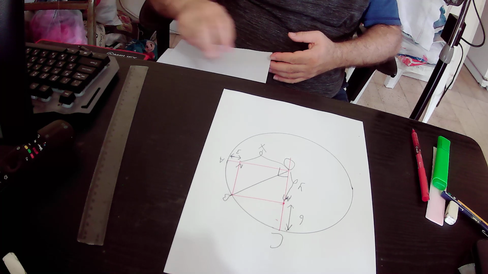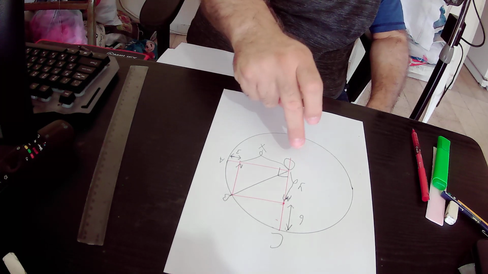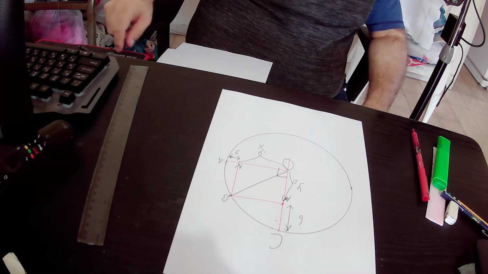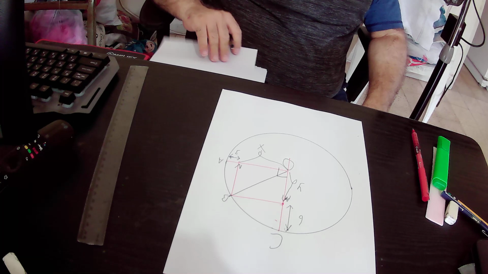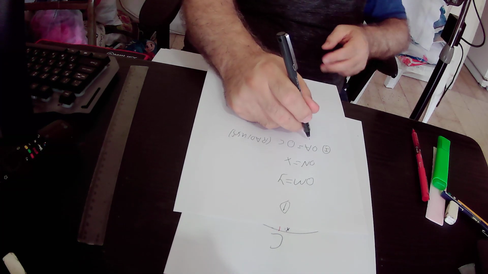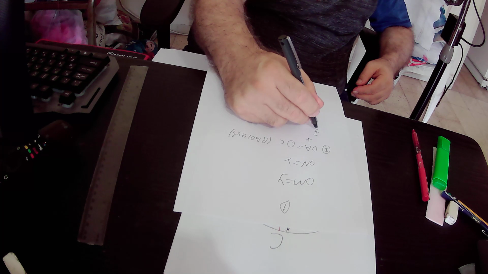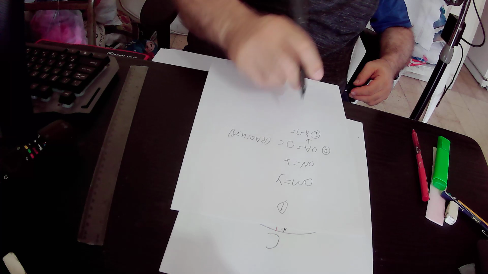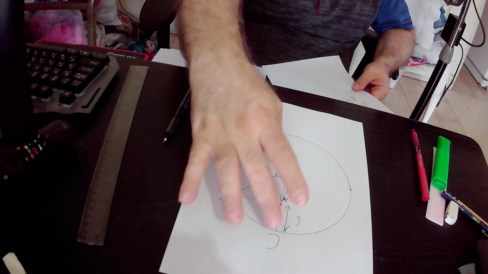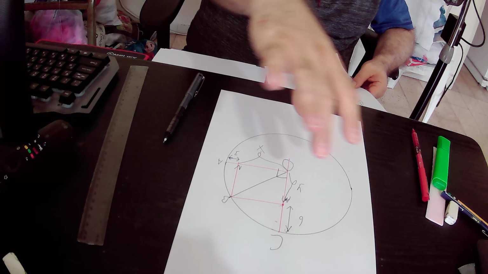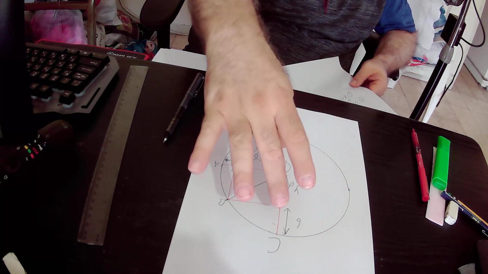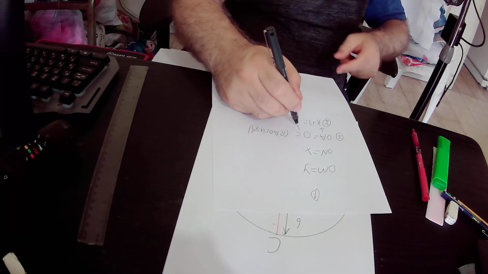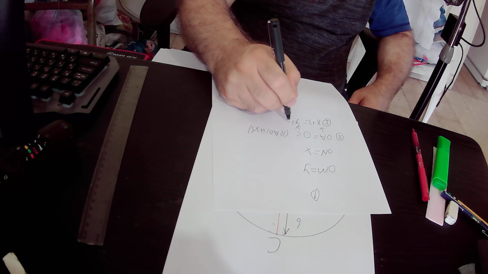But as you can see from the drawing, OA equals X plus 3. So we can write in the first equation that OA equals X plus 3, and OC equals Y plus 6.